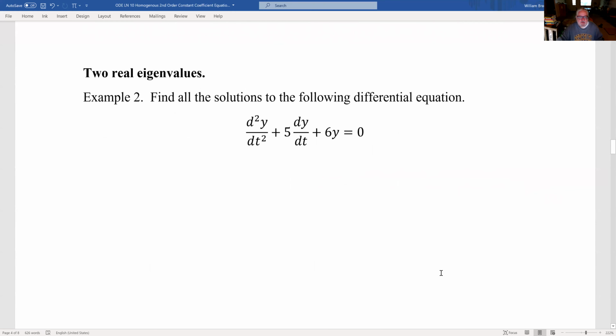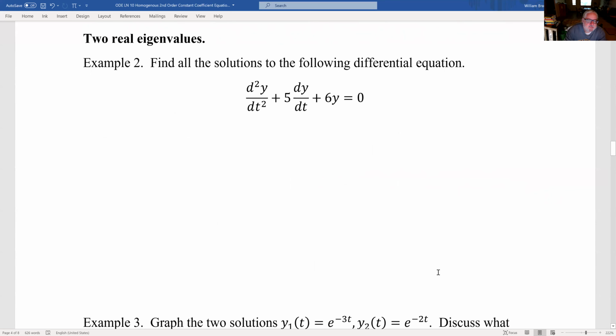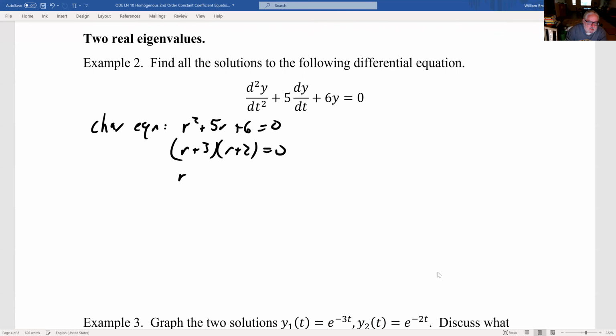So what are all the solutions to this differential equation? So the characteristic equation is r squared plus 5r plus 6 equals 0. I can actually factor that. And I find my 2 eigenvalues. And each eigenvalue corresponds to a particular solution.